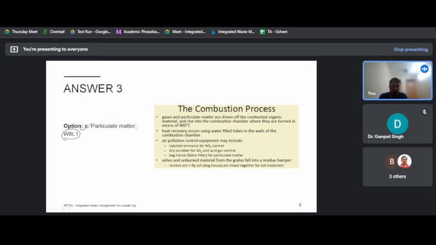Here it can be seen, for nitrous oxide control, we use injected ammonia, and for SO2 and acid gas, we use the dry scrubber, and baghouse we use for particulate matter, so that it can attract the small particles such as PM2.5, PM10, which are the standard pollutants usually released from the combustion of organic matter. So these are two of the primary pollutants. There are other particulates also, and for this kind of particulate matter, we use a baghouse filter.